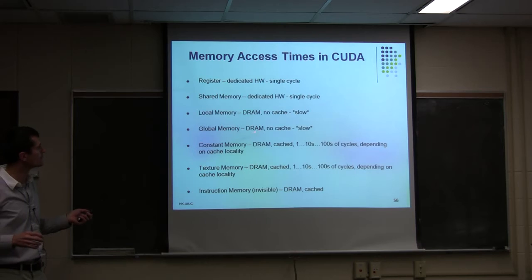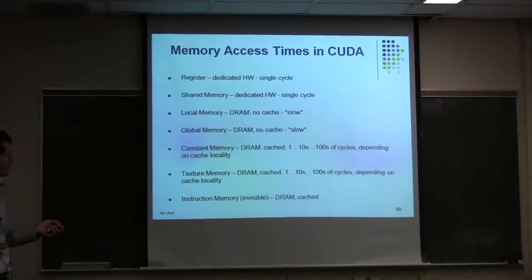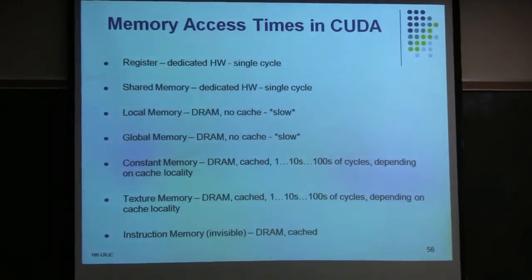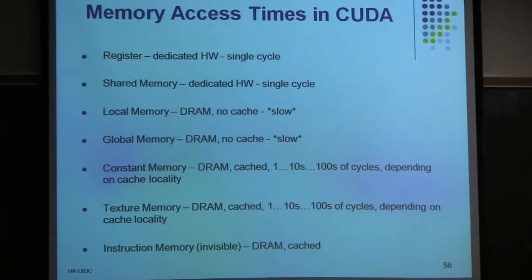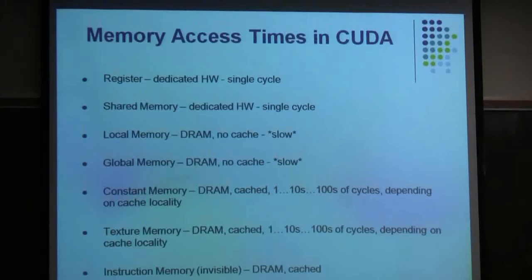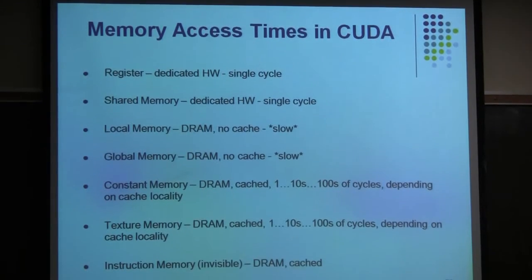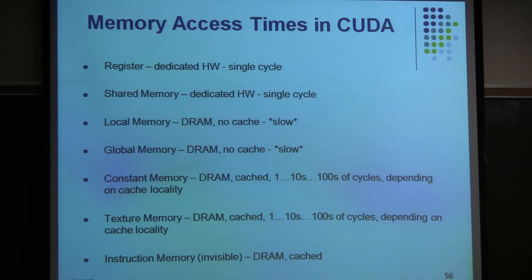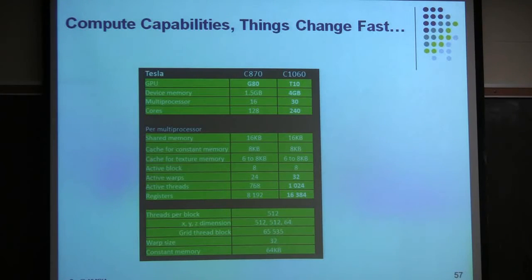Global memory, always very slow. There's no cache for that. Constant memory can be very slow, but it can also be very fast. If it's cached and everyone accesses pi at some point, then it's super fast. Texture memory is the same as constant memory. And the instruction memory is cached and invisible. You don't have any access to it.